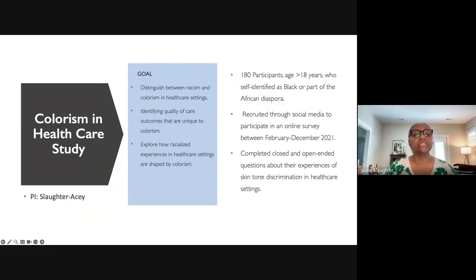It was also to distinguish experiences of unfair treatment in healthcare connected to racism from those connected to colorism, or to see if they're connected to both. So we explored how racialized experiences in healthcare settings may be shaped by colorism.